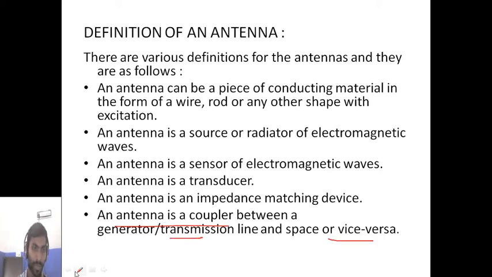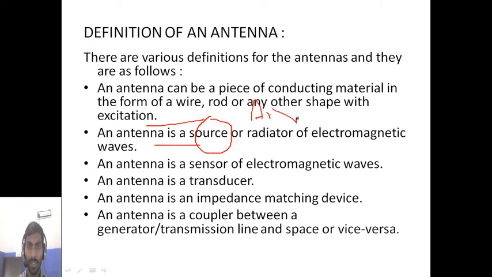What do you mean by coupling device? A coupling device is a device which helps in creating a bridge between two components. Here I say that is free space, air. This is your air, right? And this is your transmission line, and you can see that here the waveform is created.